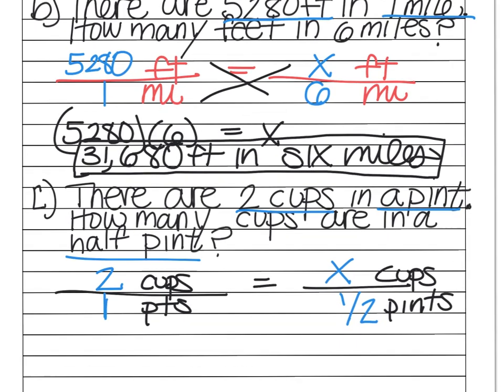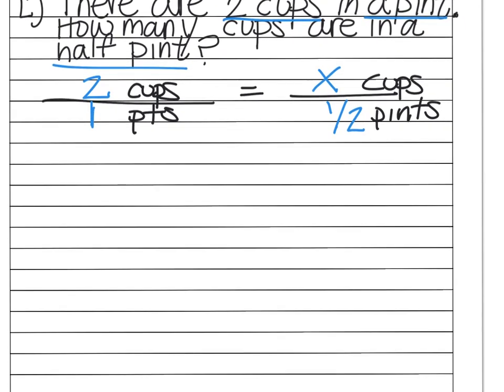So now that we have our proportion, we can go ahead and solve this using the cross product rule. So we have 2 times a half equals 1 times x is just x. If you notice, you can cross cancel these and you're just left with 1 equals x.